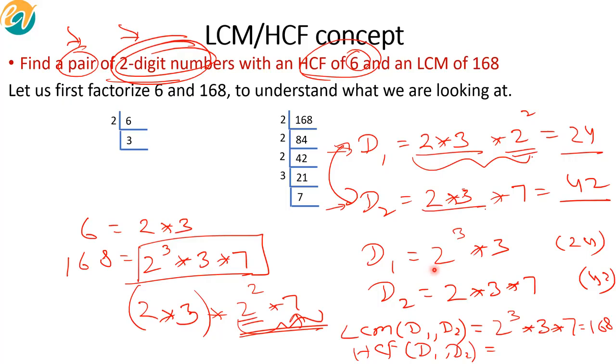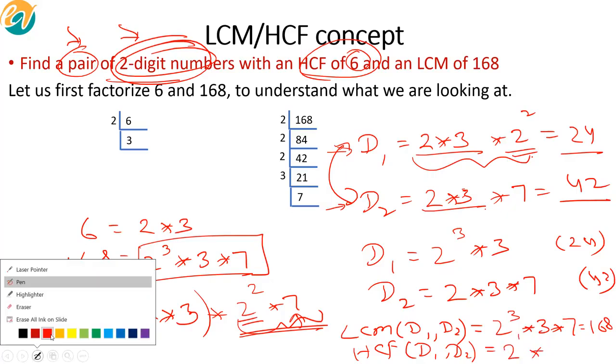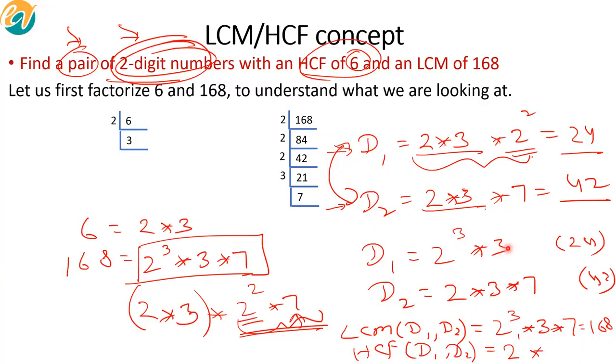Now notice 2 is a prime factor that is common to both of these, but what is the lowest power? This is 2 cube, this is 2 raised to the power of 1. So 2 raised to the power of 1 is the lowest. Similarly, another common prime factor is 3. This is 3 raised to the power of 1. This is also 3 raised to the power of 1. So we put 3 raised to the power of 1 here.